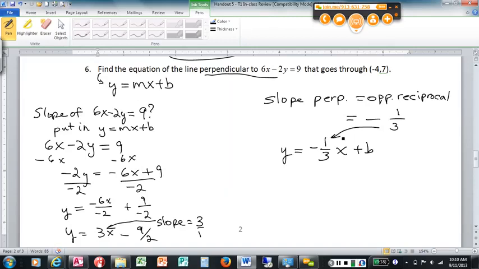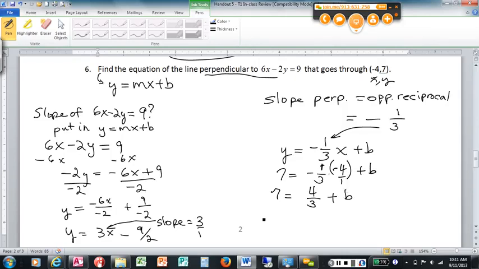How do I find the b? Well, there's different ways, but isn't this an x comma y? So let's plug in x to be negative 4, and y to be 7. I can make that substitution. Negative 1/3 times negative 4 is positive 4/3.